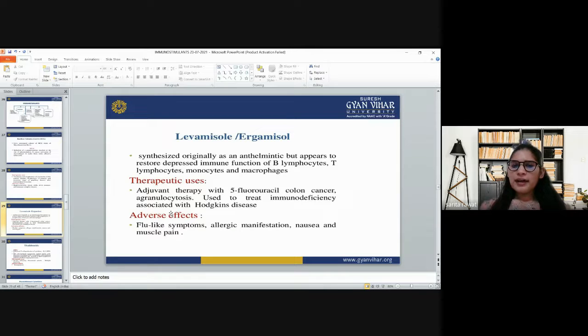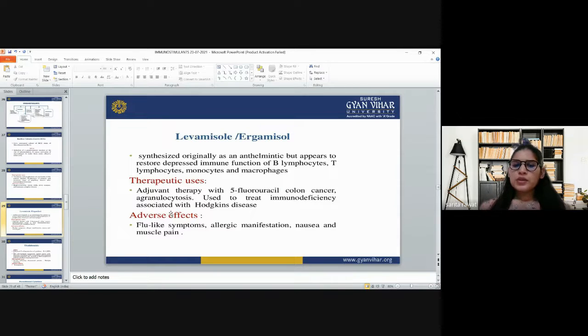Now, next we have levamisole. It was originally synthesized as an antihelminthic but appears to restore depressed immune functions of B lymphocytes, T lymphocytes, monocytes, and macrophages.